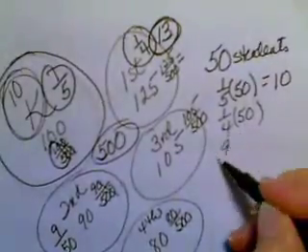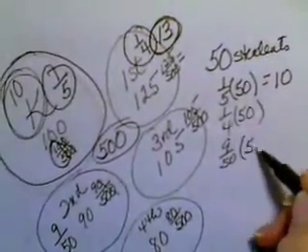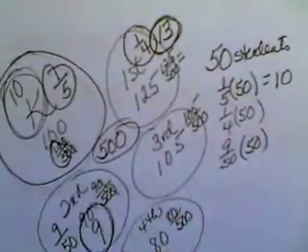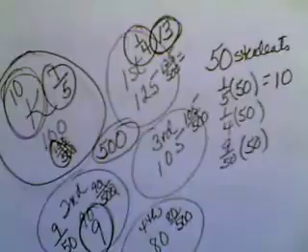And then 9/50ths of 50 means that I will choose 9 second graders, and so on.